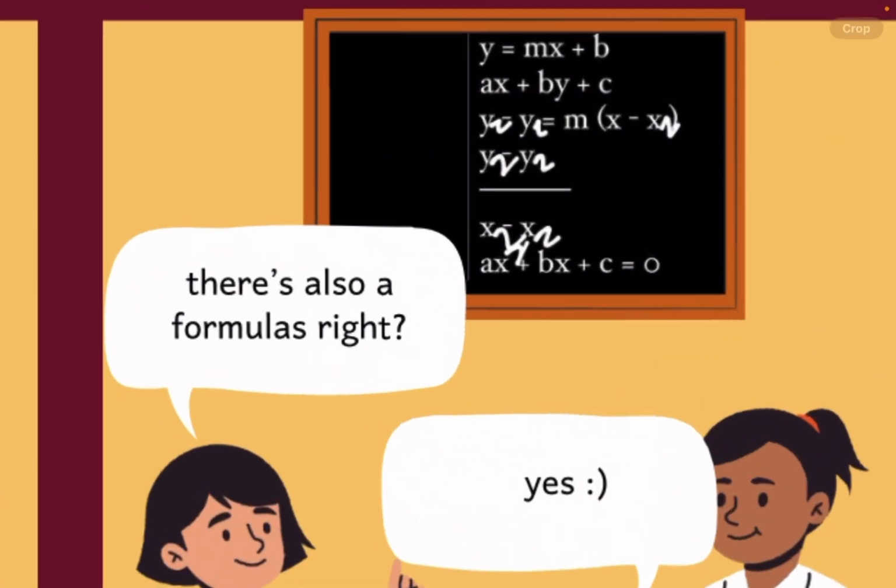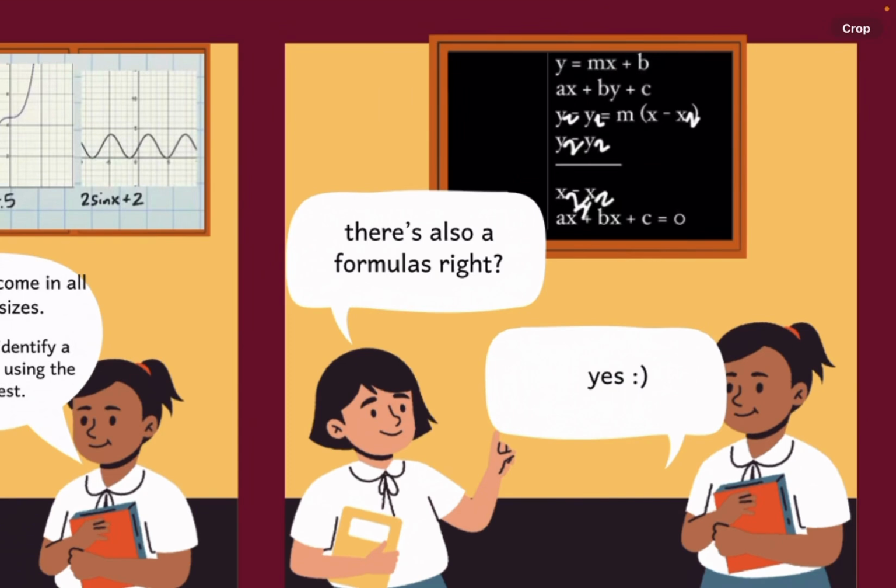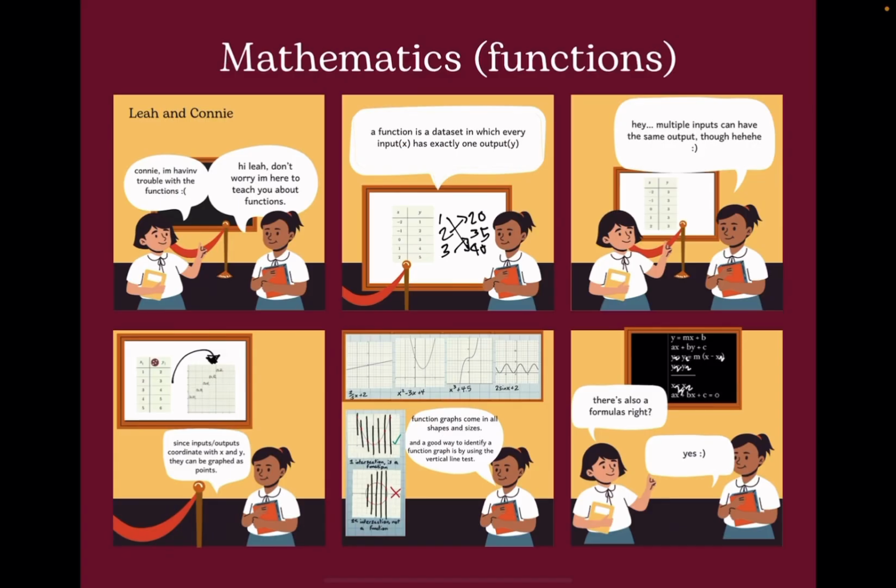For example, the linear function, y equals mx plus b, where m is the slope and b is the y-intercept. Leia confirms her understanding by asking if there are formulas, and Connie assures her with a smile that these formulas make it easier to analyze a function.